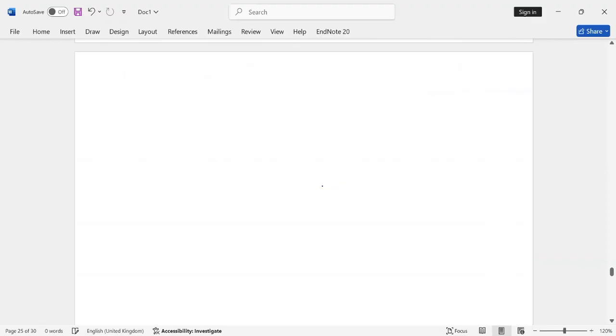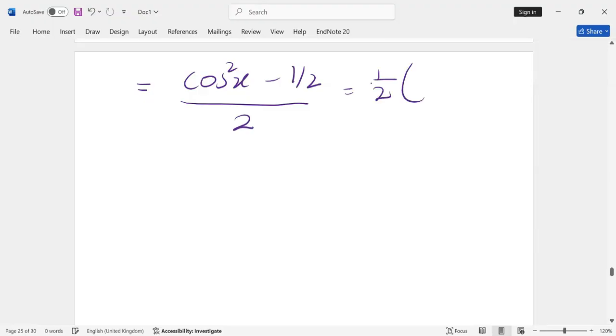Now the next step is to substitute the value and simplify cos square x minus 1 by 2, because we have 1 by 2 minus 1 by 1, and after solving this we get minus 1 by 2 divided by 2. Now I'm taking 1 by 2 common, and we get 2 cos square x minus 1 divided by 2.